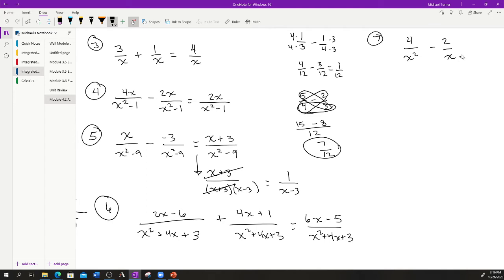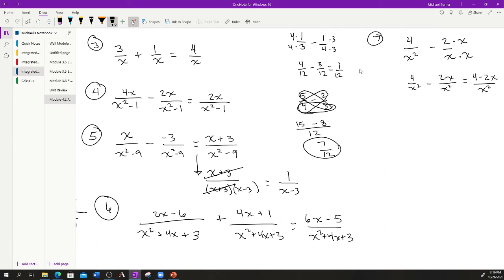So on the right, if I multiply that by x, that makes it x squared. And of course, I would have to multiply the top by x as well. That gives me 4 over x squared minus 2x over x squared. And now that the denominators are the same, I can write that as a single fraction: 4 minus 2x over x squared.